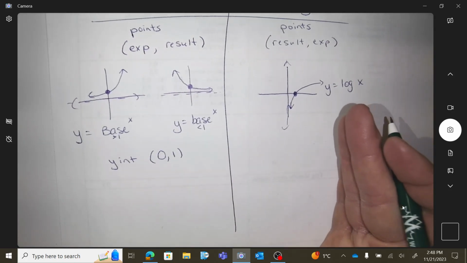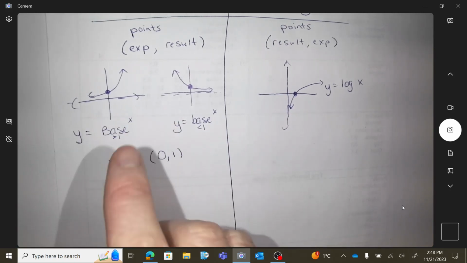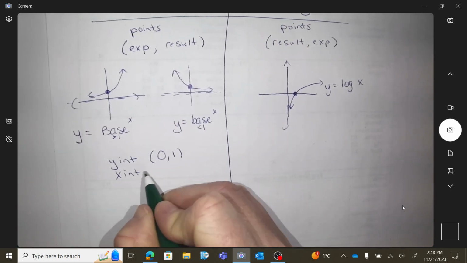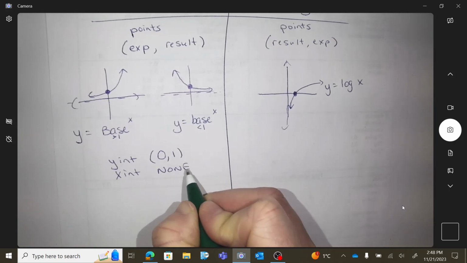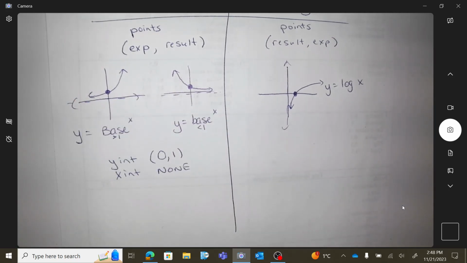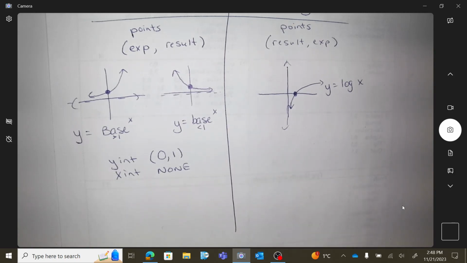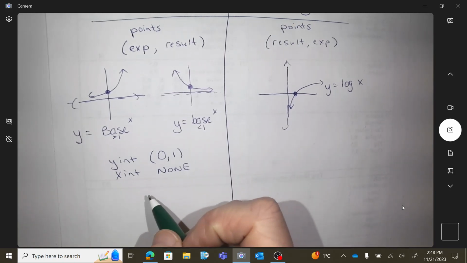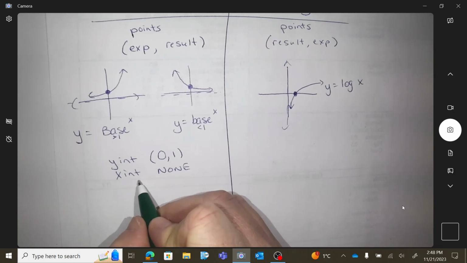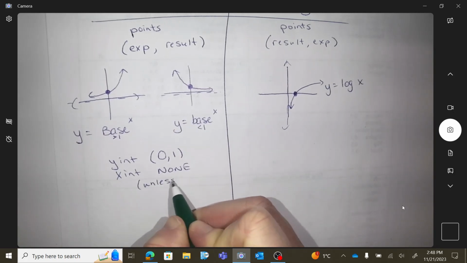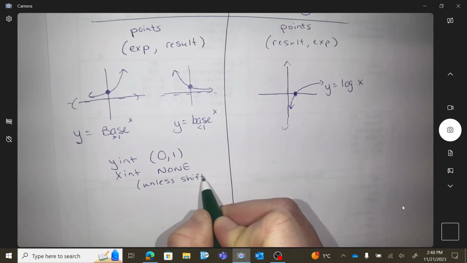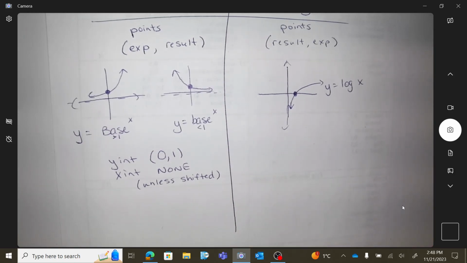And then it has no x-intercept, right? Should we write that? X-intercept, it would have none. It would never hit. Okay, unless there was a transformation, right? Because if I shift this down, then it could do that. Do I need to write that, or you're good to understand? Unless shifted. Okay, unless there's a shift, and then it could do that.